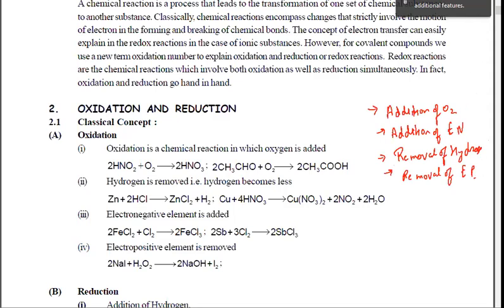Right? Okay, so this is the classical definition of whatever we have studied till class 10th. Now, this is about oxidation.